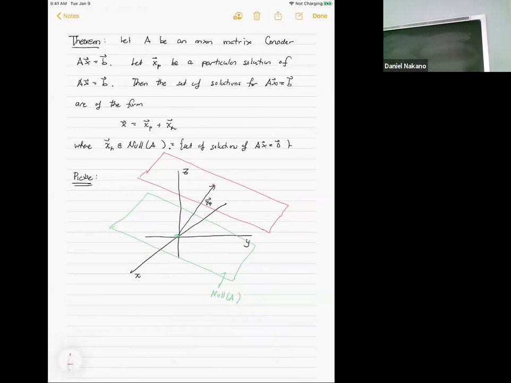And this gives me all the solutions of AX equals B. So geometrically, what's happening is that your homogeneous solutions are some space which goes through the origin, and then for the non-homogeneous one, you take a particular solution and you just translate it up.